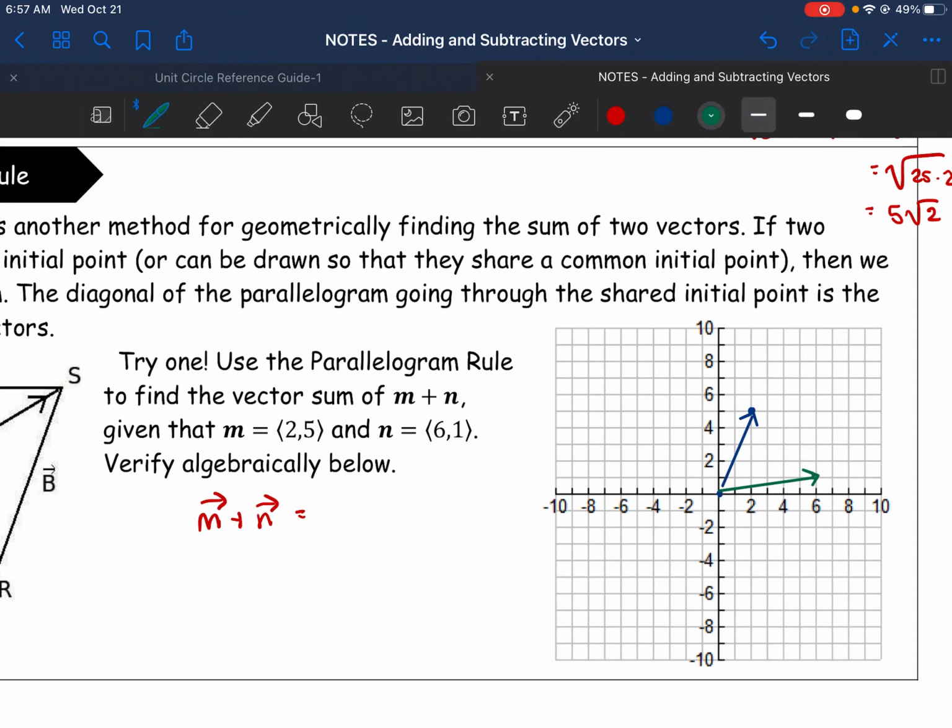So what I can do now is complete a parallelogram using these same vectors. So to vector n, I'm going to take vector m and just move it over here. So this is what it would look like. Notice that vector m, again, had a horizontal component of 2 and a vertical component of 5. So I'm going to go over 2, up 5, which is right there.